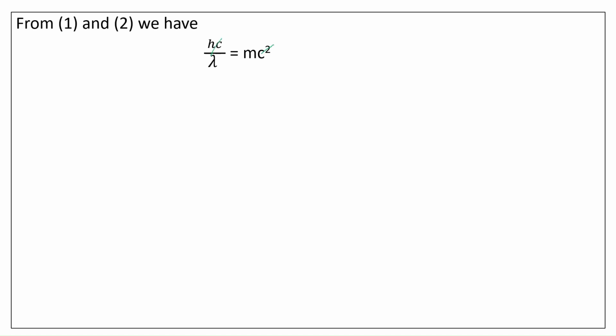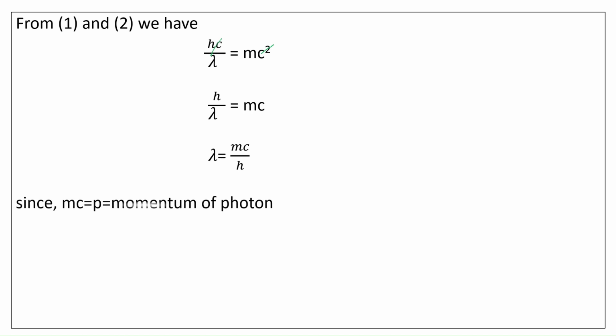Here c gets cancelled. Therefore, h by lambda is equal to mc. Therefore, lambda is equal to h by mc. Since mc is equal to p, where p is momentum of photon, therefore, lambda is equal to h by p.